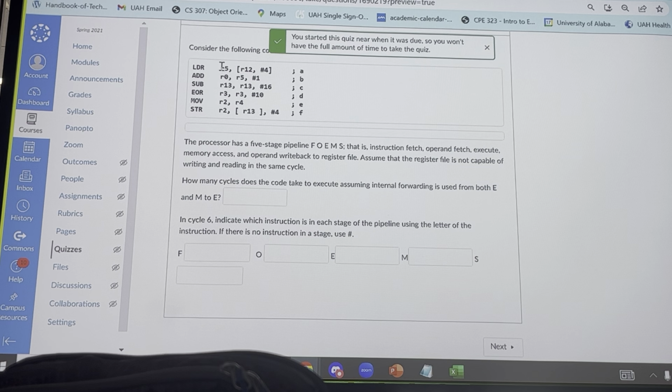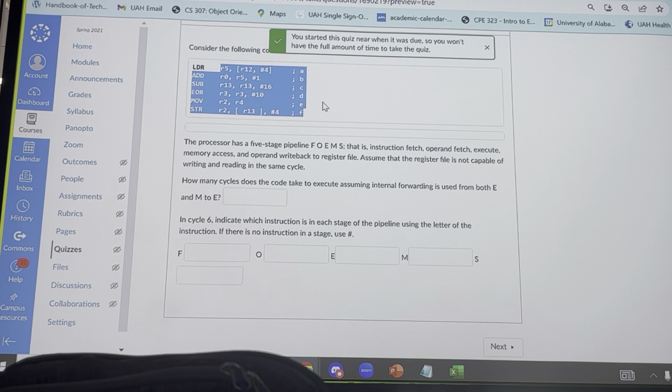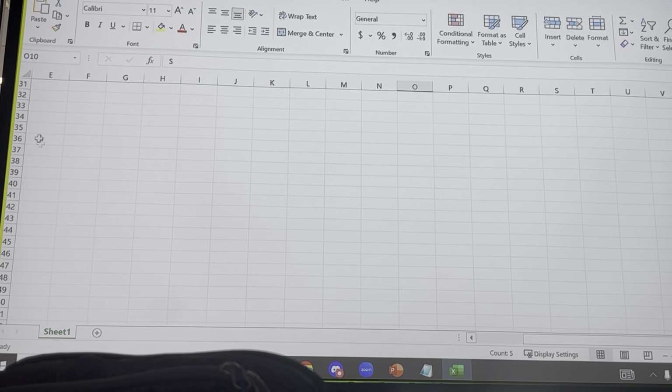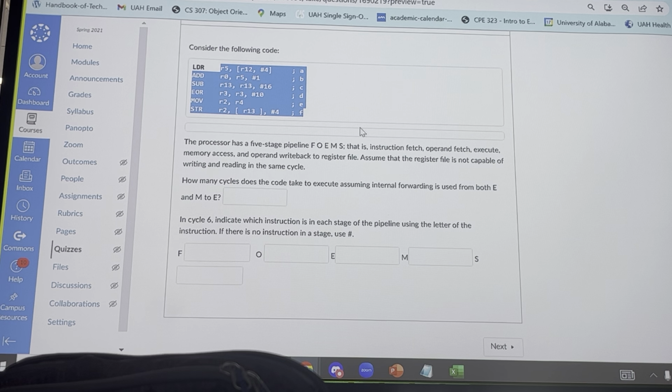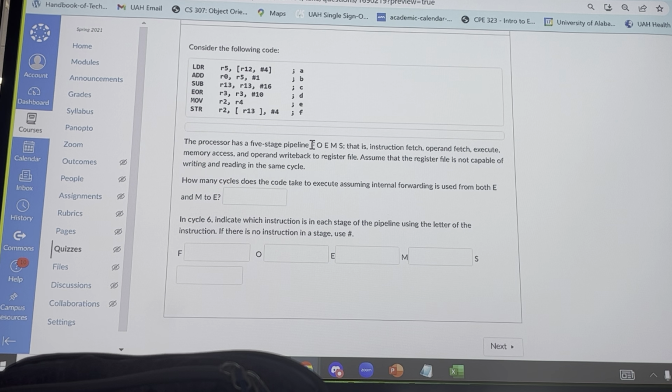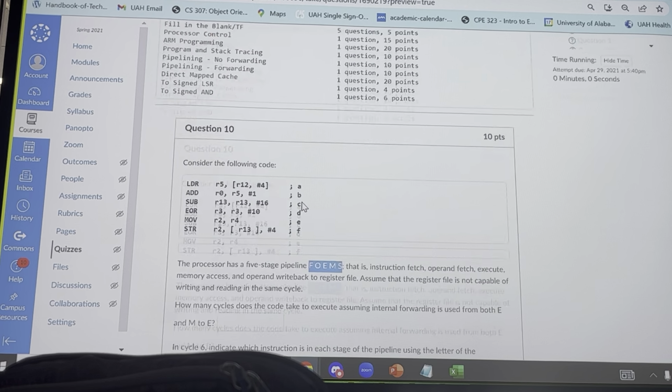With forwarding, is it the same thing? It's not, okay. So now we need this. We should do the same one. FOEMS again. Is this fewer?